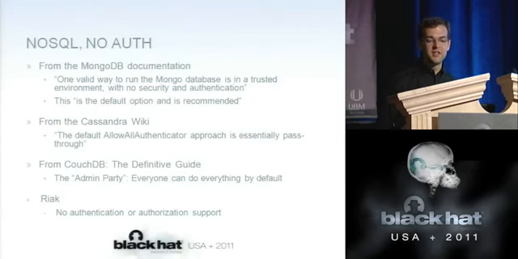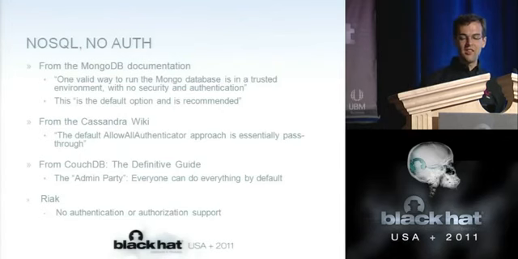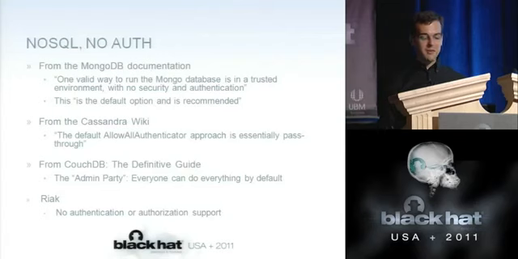Mongo says, hey, one valid way to run Mongo is in a trusted environment with no security and authentication. Trusted basically means you trust the people who use it, which, yeah, that's a little scary. Cassandra says, the default AllowAllAuthenticator approach is essentially pass-through. Couch says, the admin party is the default. Everyone can do everything by default. And Riak has absolutely no auth whatsoever.